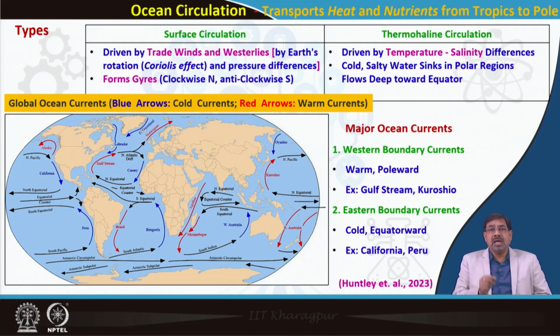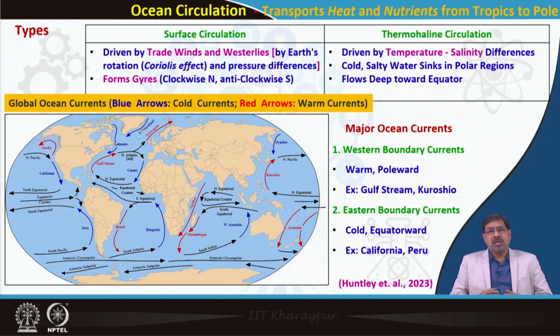These currents are very well depicted using the red and the blue arrows. So, friends, what we understand from this, we understand the various surface circulation phenomena which are represented by red and blue arrows in terms of the warm and cold currents respectively.